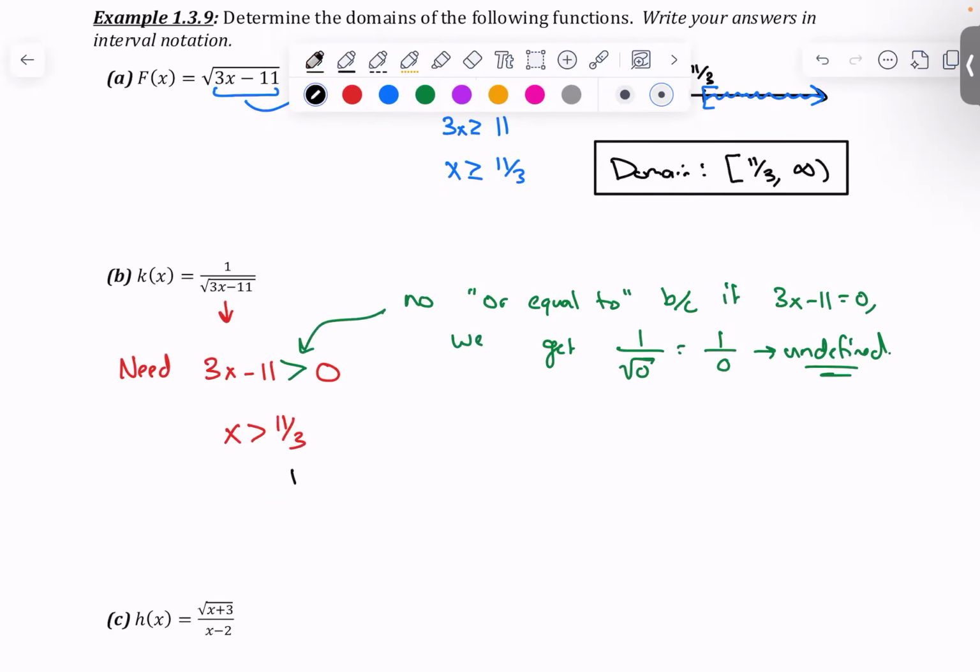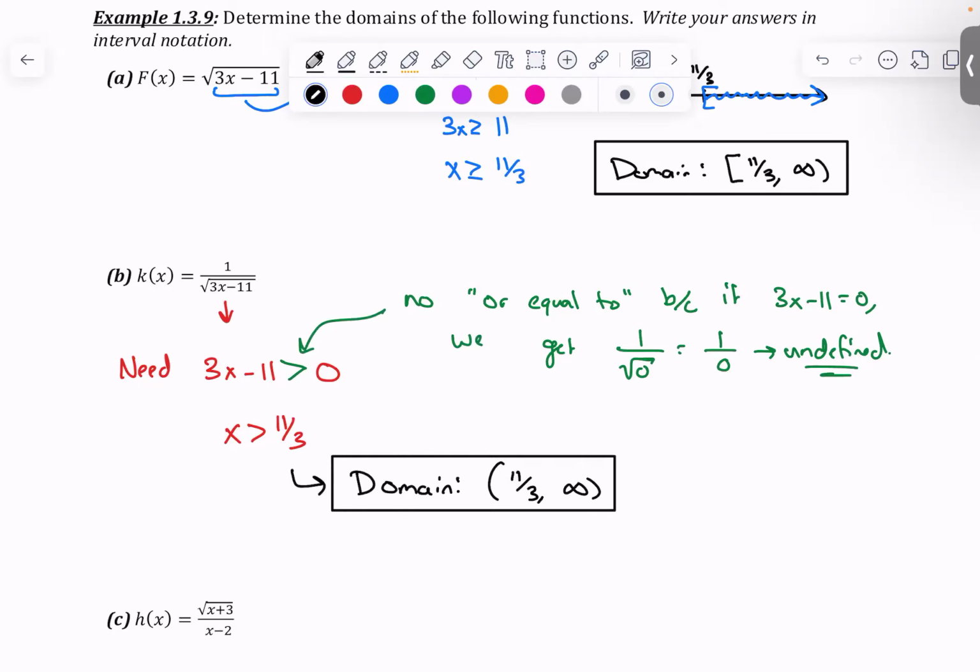So the domain is parenthesis 11/3 to positive infinity instead. Any questions on the difference between A and B?